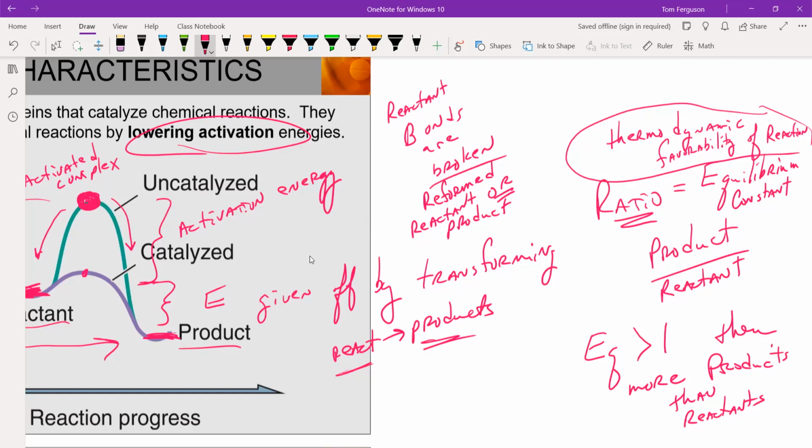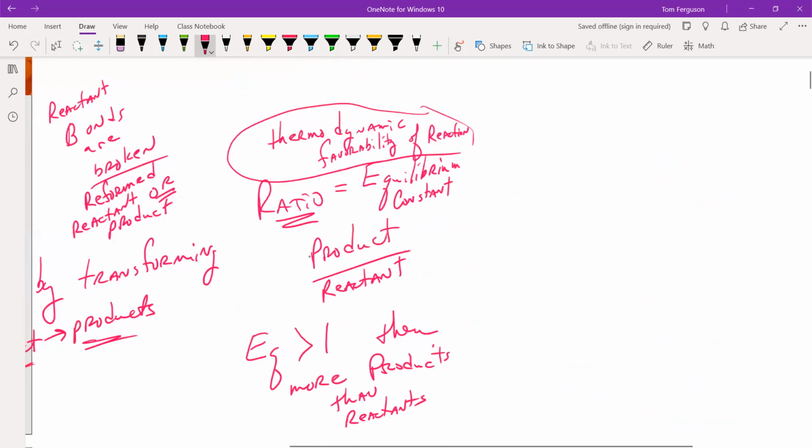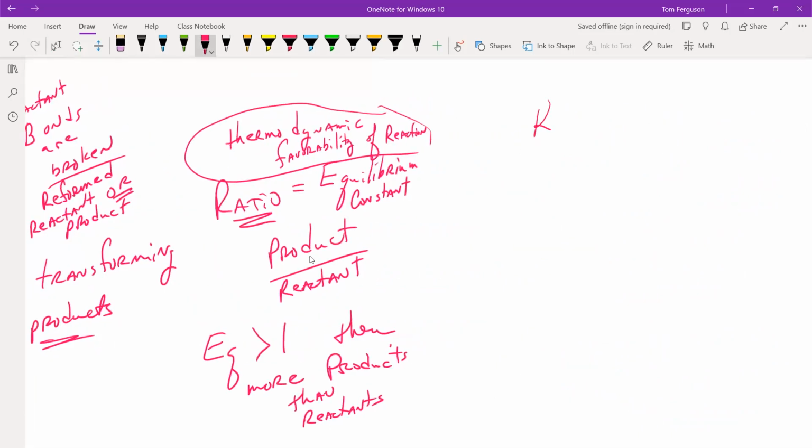Okay. What this doesn't show is the kinetic favorability of the reaction.